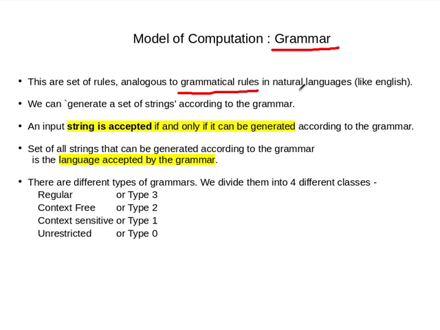So these grammars, on the other hand, are rules to generate a set of strings. And this is the acceptance criteria here: an input string is accepted if and only if it can be generated.